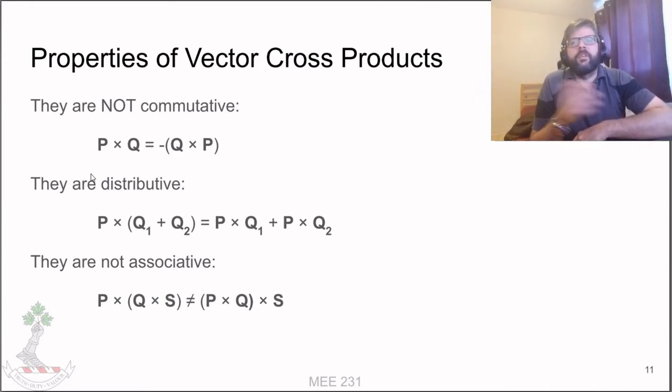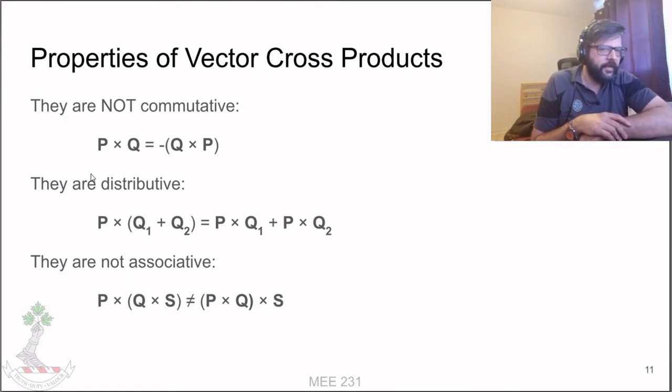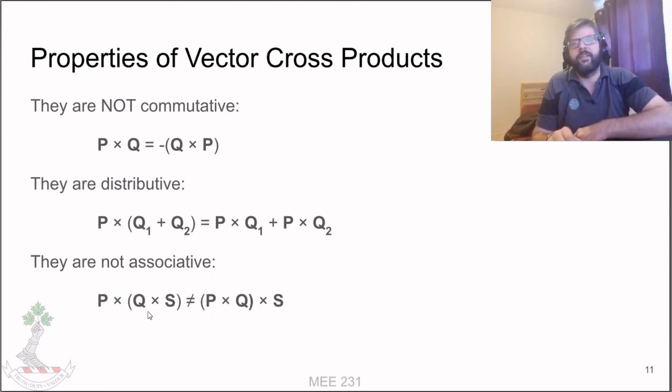They are distributive, so you can cross P with two separate vectors added together, and that's the same thing as crossing P with one vector and then adding that to P crossed with the second vector. And they're not associative. So basically, you can't combine crossing stuff together like this.